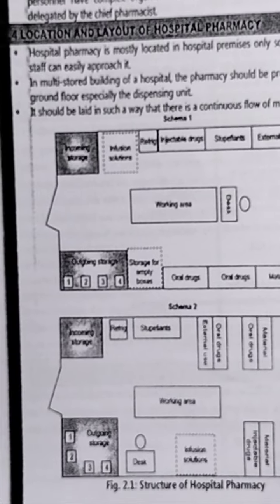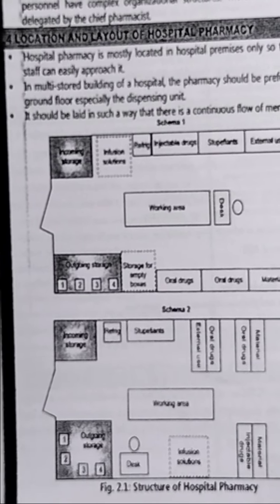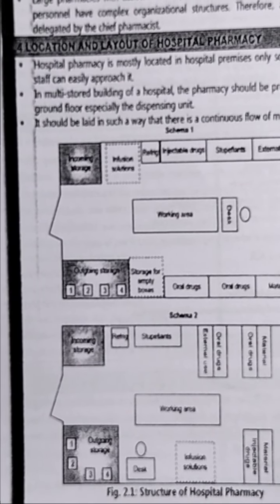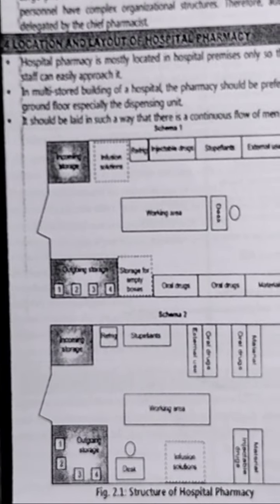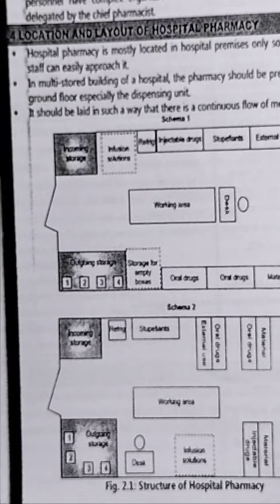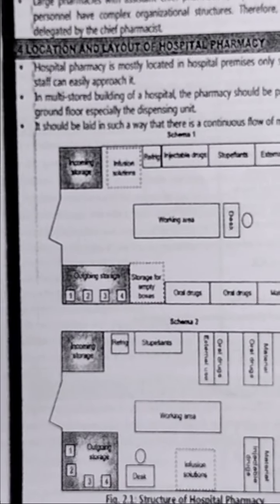Staff required in the hospital pharmacy. Staff requirement in a hospital pharmacy depends upon the strength of patients available in the hospital wards or premises. Based on the strength, up to 50 beds, there is a need of 3 pharmacists.